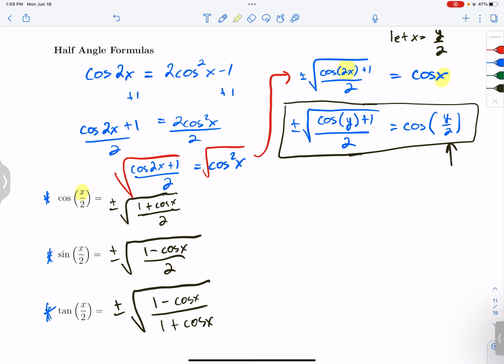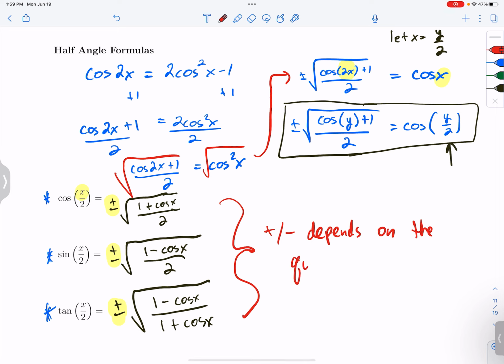All right. And then the last thing to mention is how we have these all as plus or minus. We will make a decision on whether it's positive or negative. Plus or minus depends on the quadrant of x over 2.